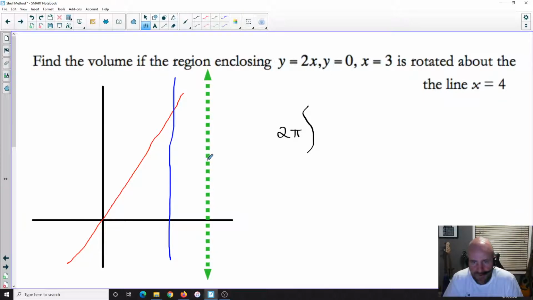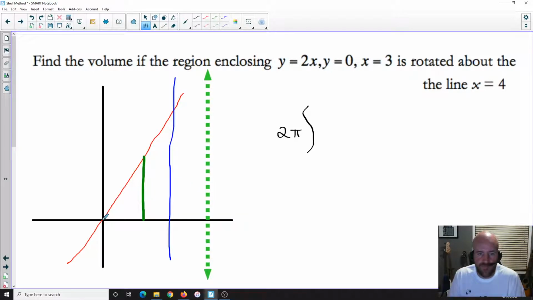So we have to start at our axis of rotation, and we have to go to our line. So if we drew that height, okay, we want to be parallel to the axis of rotation. If we try to find what this distance is, and we did something similar with washer method, we need to think, what's this distance?